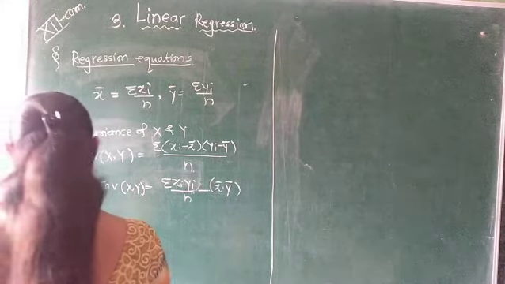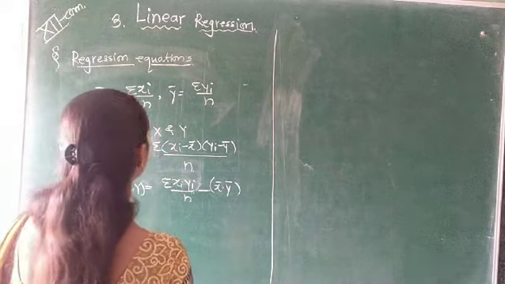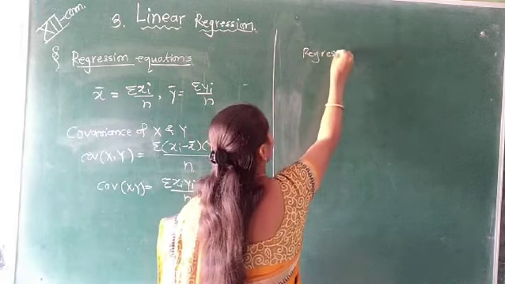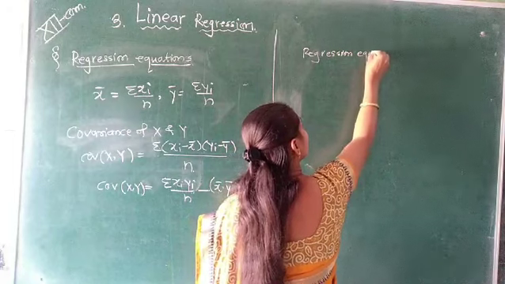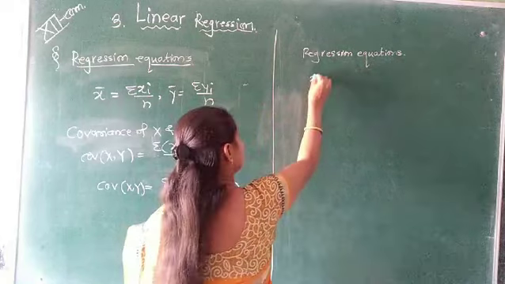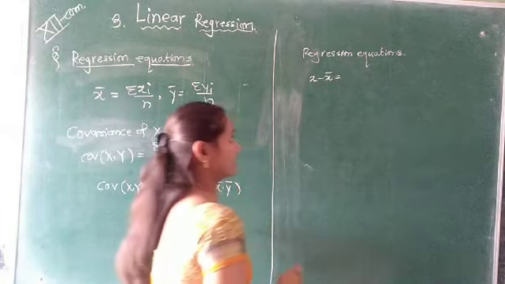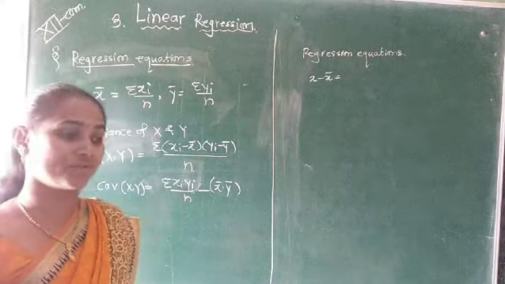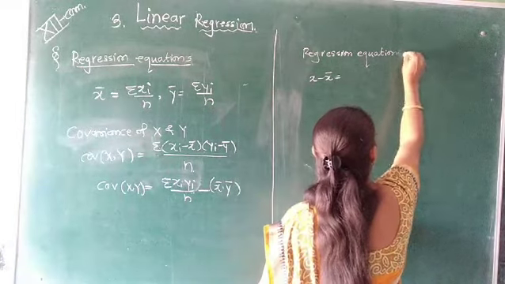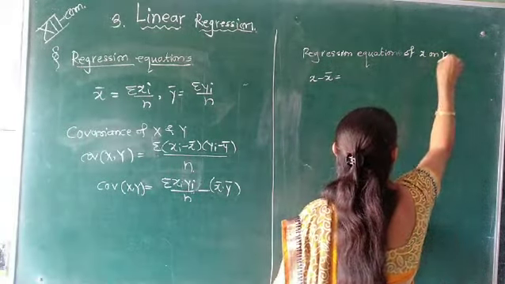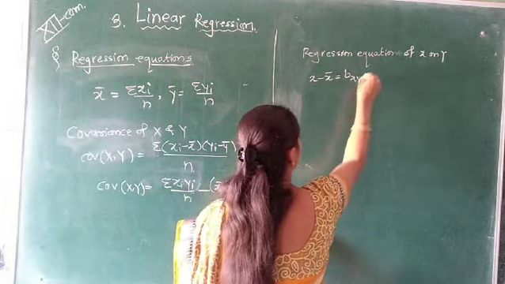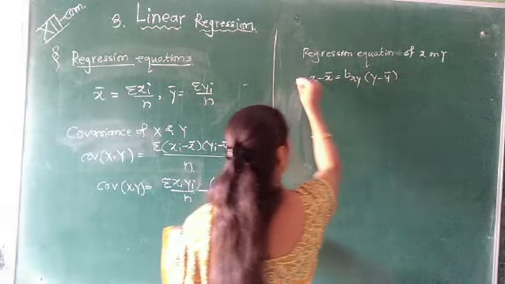Now see the next formula we are going to study in this chapter, that is regression equations. The first is the regression equation of x on y, that is x minus x bar is equal to bxy into y minus y bar.